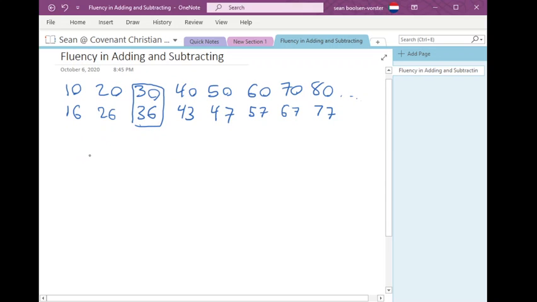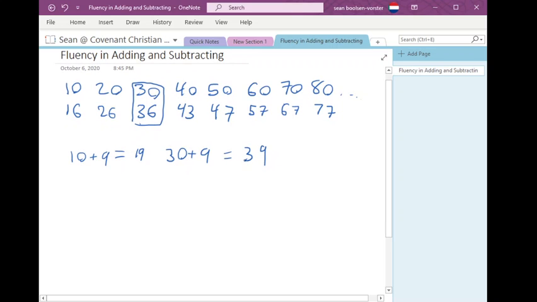The next major thing to really understand, and that'll help you a lot, is being able to figure out that 10 plus 9 is going to equal 19. And it's the same for 30 plus 9, you're going to get 39. If you can get this part, then you're going to be set.